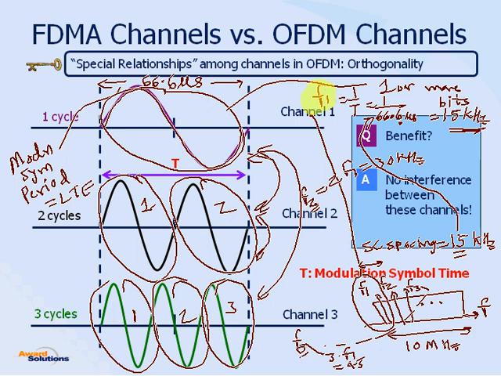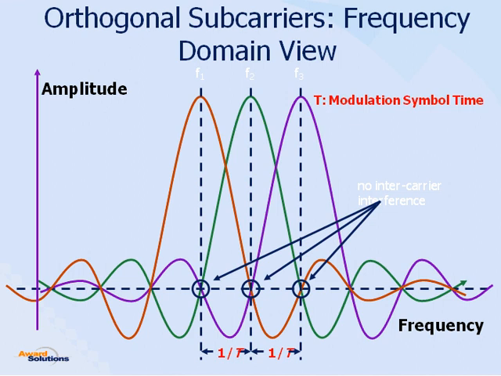So we know how to construct orthogonal subcarriers now. I mentioned that OFDMA signals are complex, so we need to look at that from different perspectives. What you see here is the frequency domain perspective. The x-axis here is the frequency, and the y-axis is the amplitude, and we can do power also.